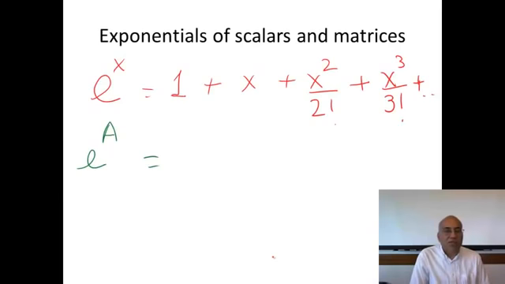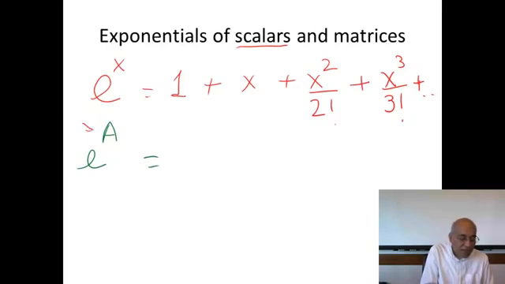For that, I have to build up another notion, which is that of exponentials of matrices. Exponentials of scalars, you know. Here's a classic formula: e to the x is given by 1 plus x plus x squared upon 2 factorial plus so on. That's the Taylor series expansion. Okay, what is the exponential of a matrix?